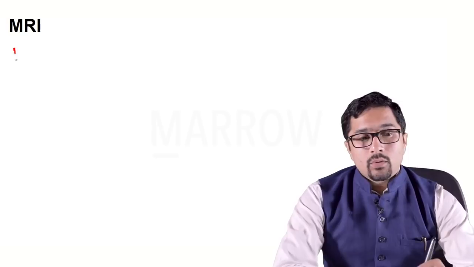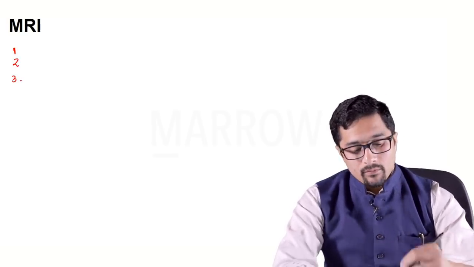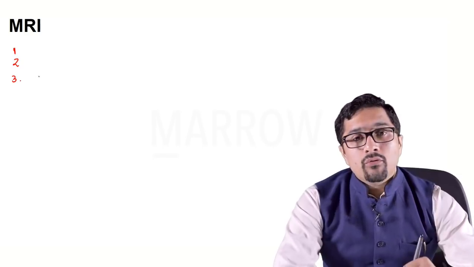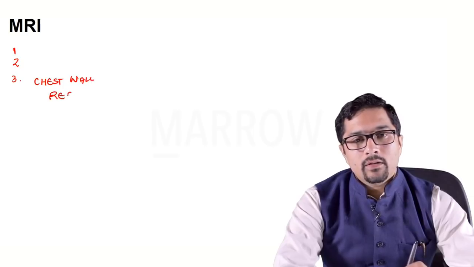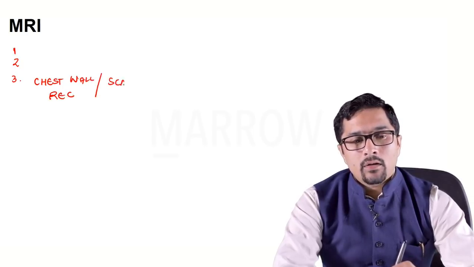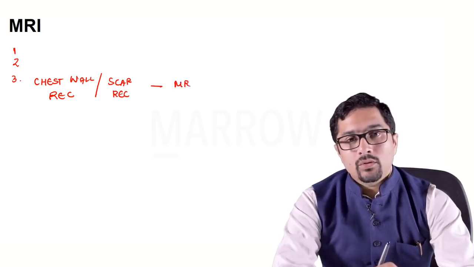So we've discussed the two indications. The third one, which I want you to remember, is to look for chest wall recurrence or scar recurrence after surgery. MRI is a useful tool.